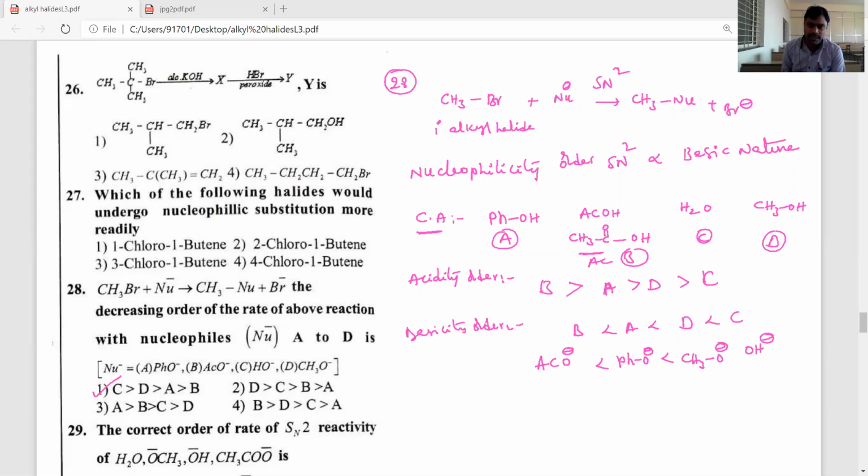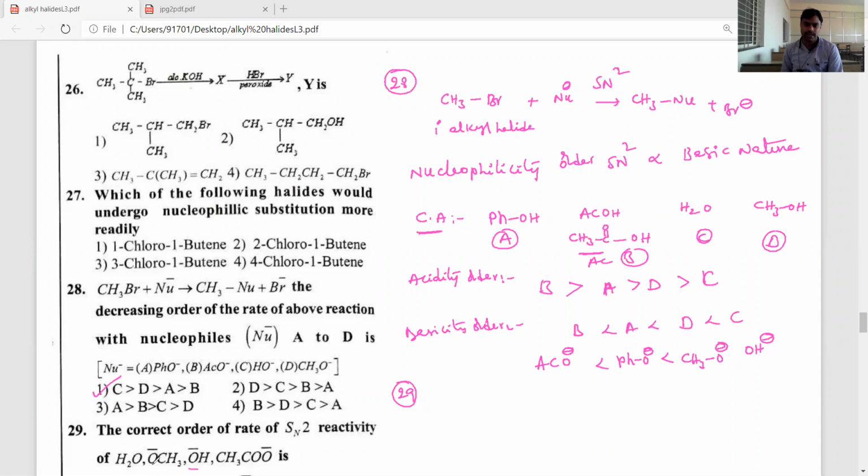Okay, let's see the 29th question. The correct order of SN2 reactivity: water, CH3O minus, OH minus, and CH3COO minus. Among these, which is more basic?